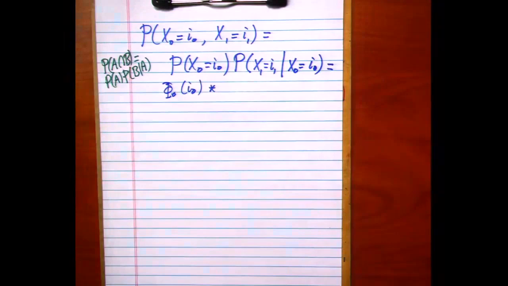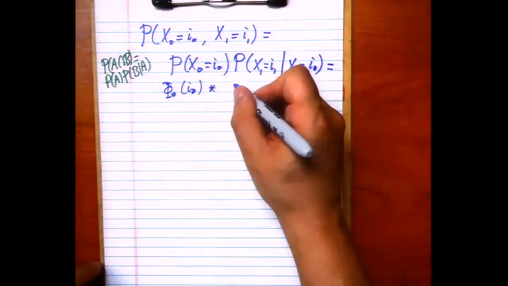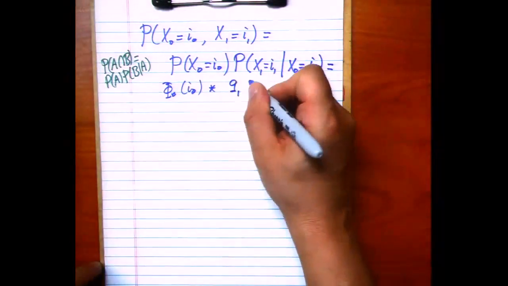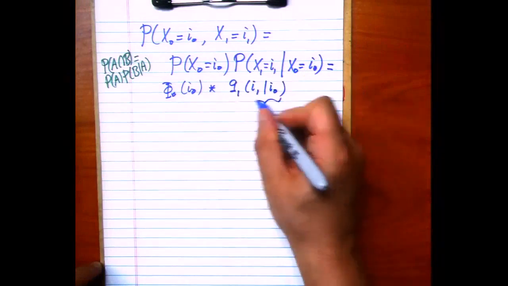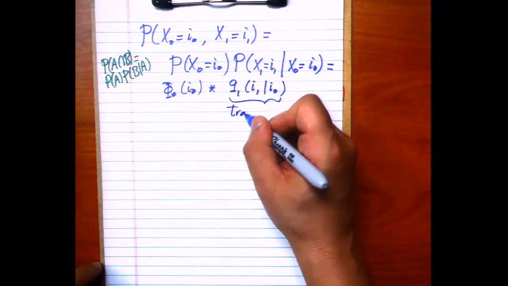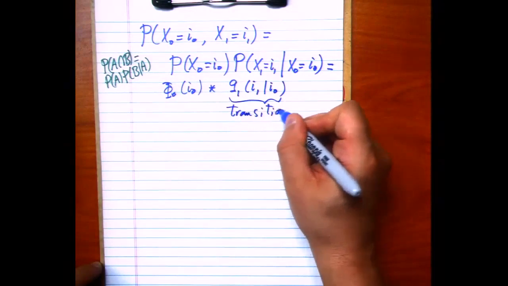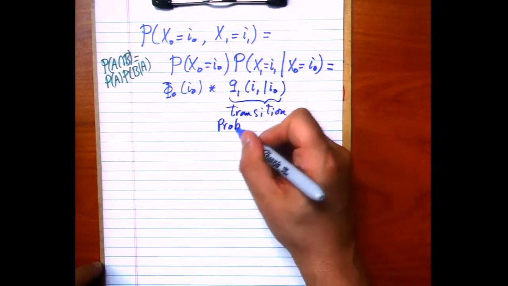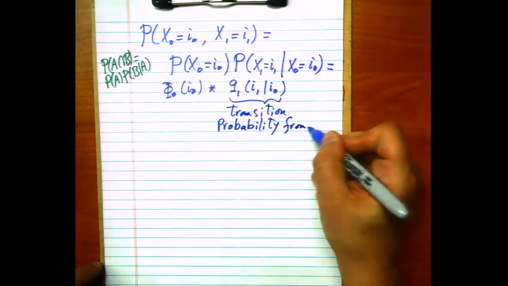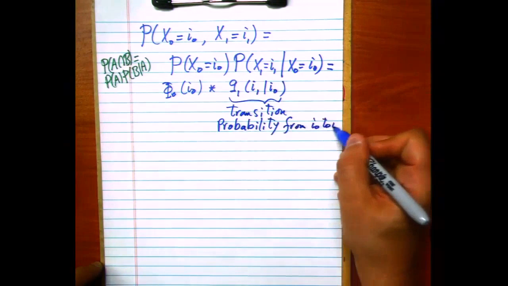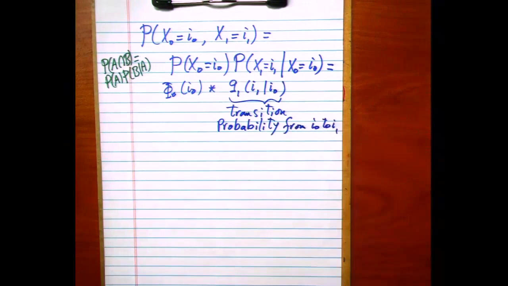Let's call this conditional probability Q1 of I1 given I0. And this is nothing but what we call the transition probability from I0 to I1. To be precise, it's the one-step transition probability.